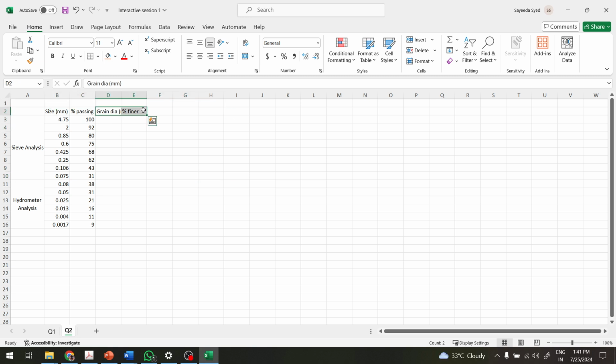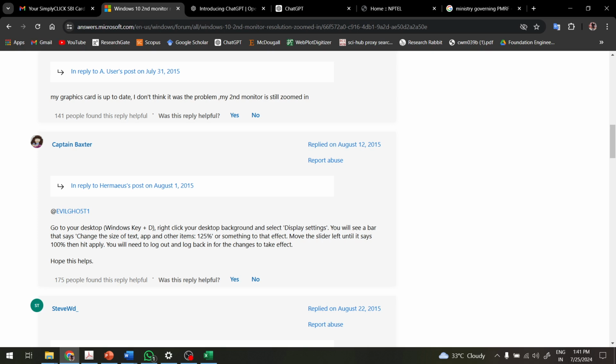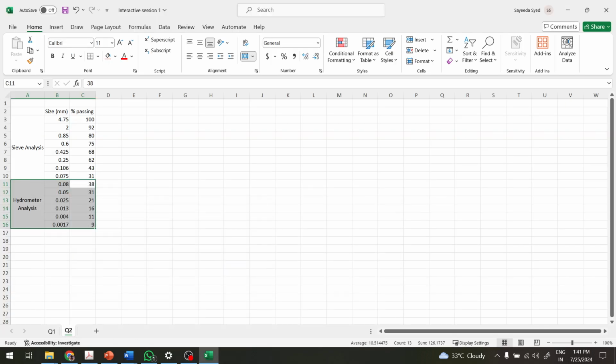So we have a percentage finer, percentage passing. Here we have percentage finer, but sorry, for the upper part, for the sieve analysis, we have percentage passing.